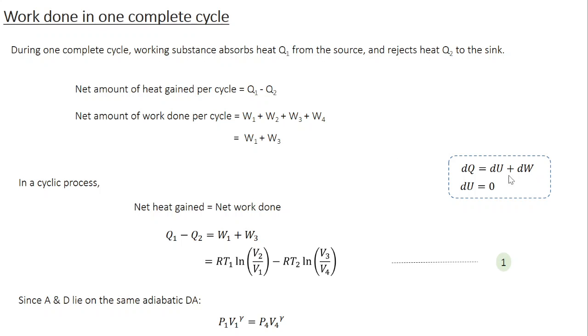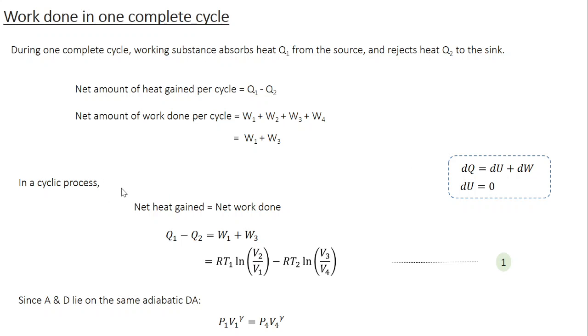From the first law of thermodynamics, we know that dQ equals dU plus dW. But if you talk about a cyclic process, the change in internal energy is zero, because we know that internal energy is a state function, right? So when change in internal energy is zero, dQ is going to be dW.